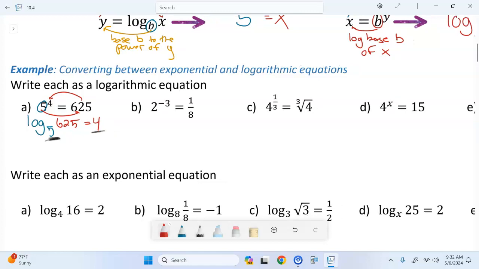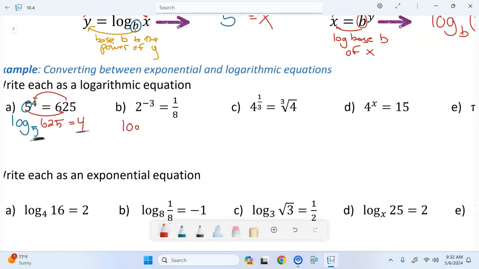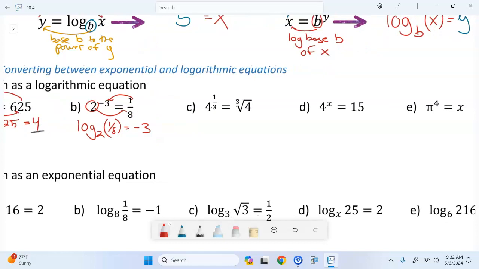Okay, so for B, log base what? Log base 2 of 1/8 equals negative 3. Pretty straightforward, right? Log base 2 of 1/8 equals negative 3. For C, log base what? Log base 4 of the cube root of 4 equals 1/3.